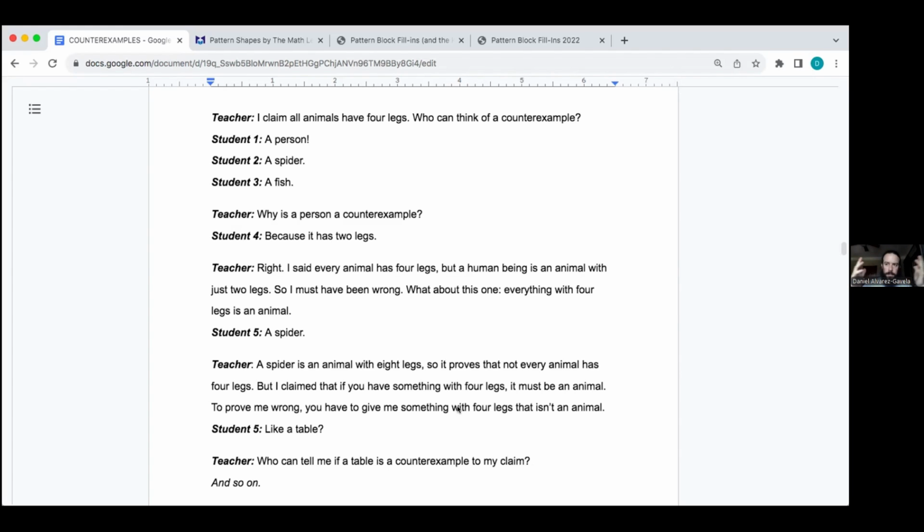Again, this is very broad strokes, but it is a rough example of how this kind of activity could go, with the understanding that not everything the students say will actually be a correct counterexample, so the teacher will have to help them work through the logic and decide which ones were counterexamples and which ones were not.